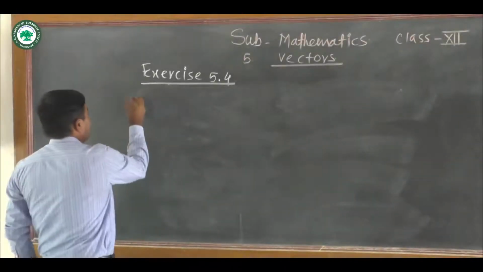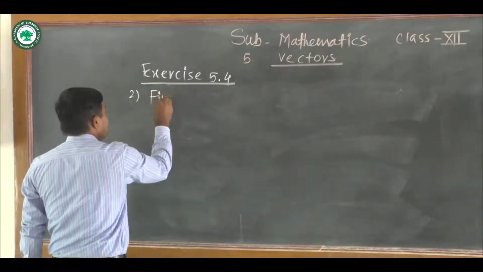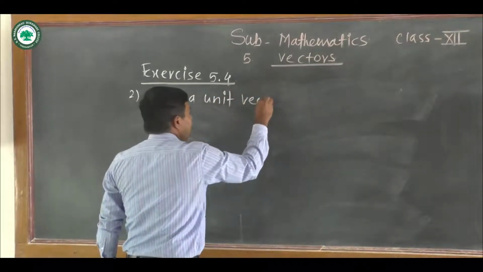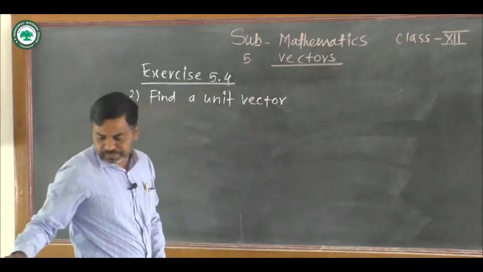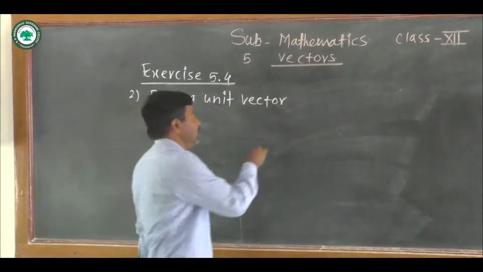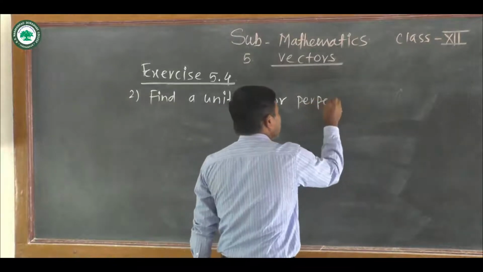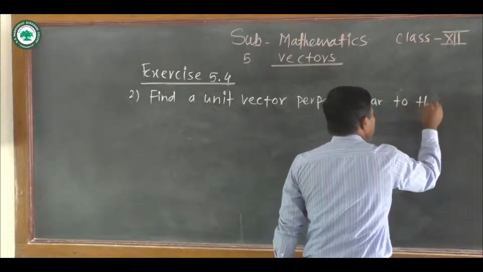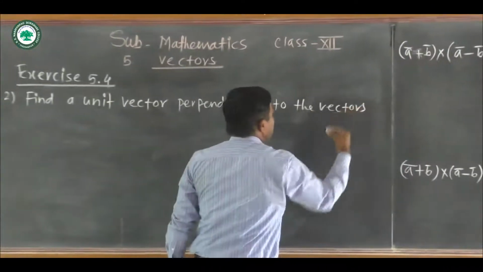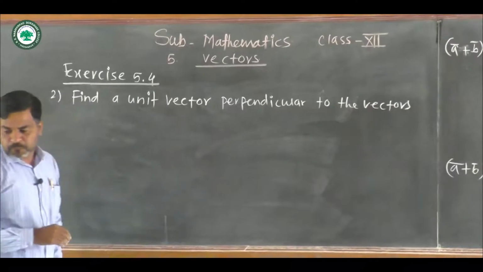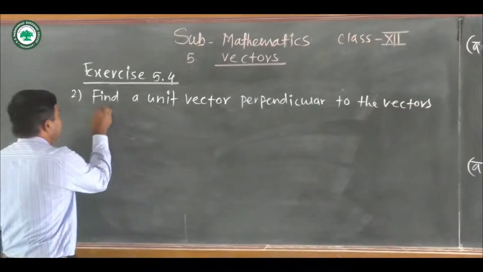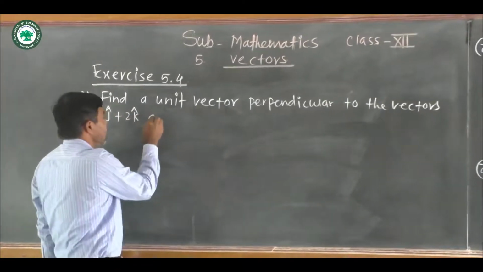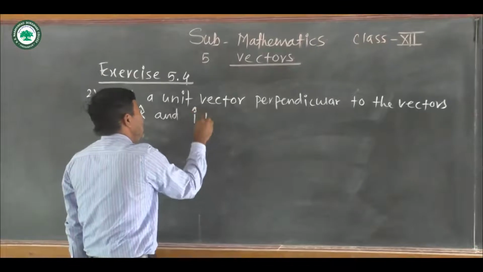Find a unit vector perpendicular to the vectors j cap plus 2k cap and I cap plus j cap.